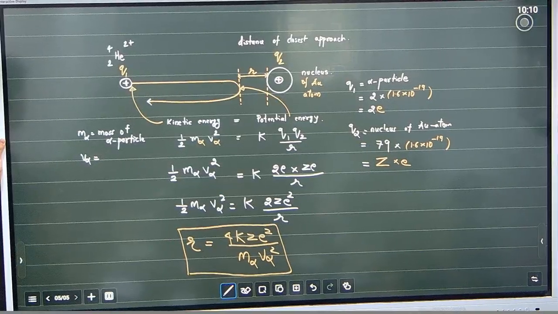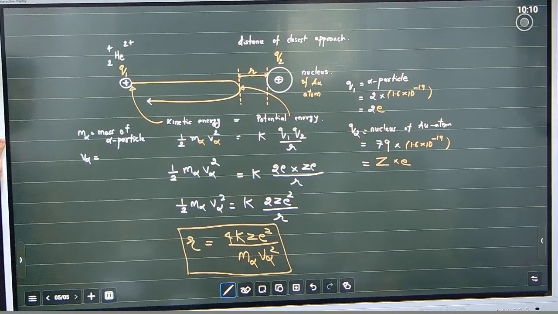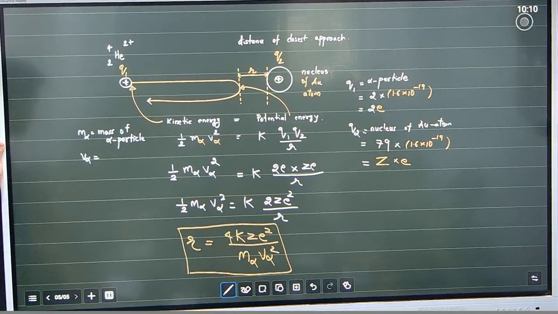That's the formula for the distance of closest approach. Anyone who did not get that? Any questions still here? Bolo re.